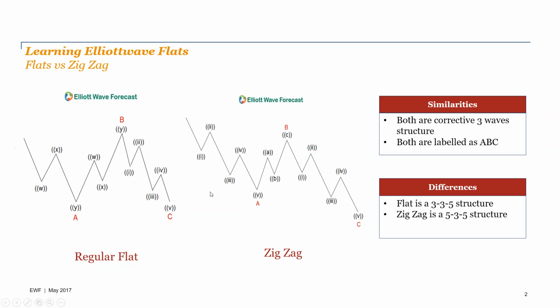One of the mistakes that people commonly make is they think that if they can identify the first 5 waves, they are guaranteed to get another 5 waves, which is a mistake, right? Because with the 5 waves, you should ask yourself, is this part of a flat or not? That is the first question you must ask yourself every time you find 5 waves. Okay, is this part of a flat, right? That is the first question.